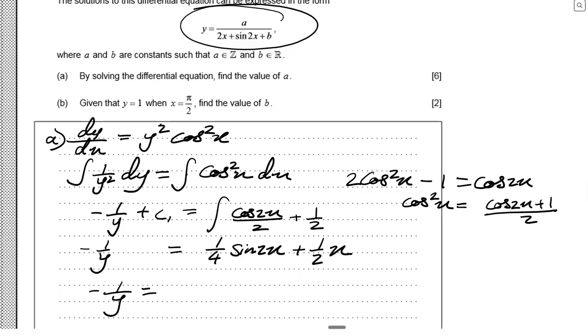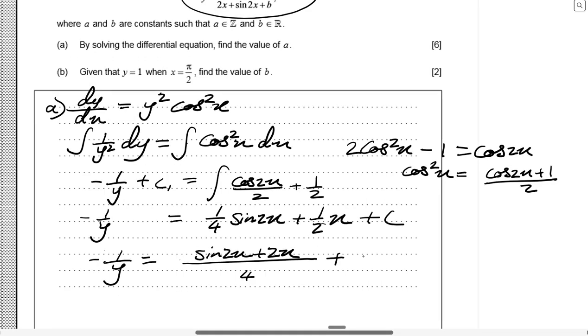I think that would be better. Let's make all of this 1 over 4, so sine 2x plus 2x, to make this 1 over 4. And we get plus c.